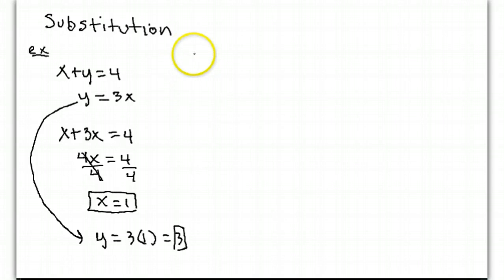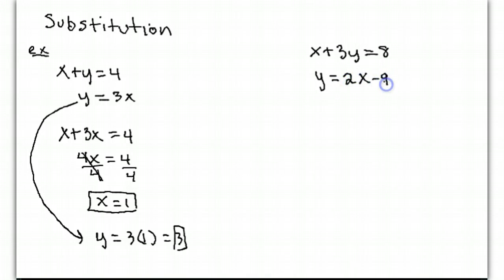Let's see another substitution problem. Let's say we have x plus 3y equal 8, and y equal 2x minus 9. If you look at it, the second equation is already solved for y. It's already in the form y equal, so I'm going to plug that into the first equation.